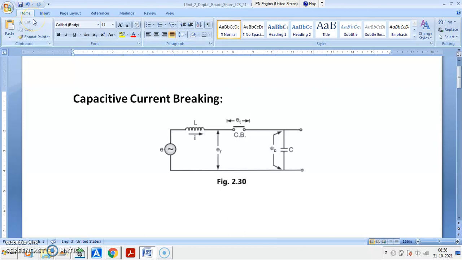This is a simple, unloaded transmission line. This is the source or sending end, and this is the receiving end. No load is connected to the receiving end. This is the inductance, this is the circuit breaker, and this is the capacitor.